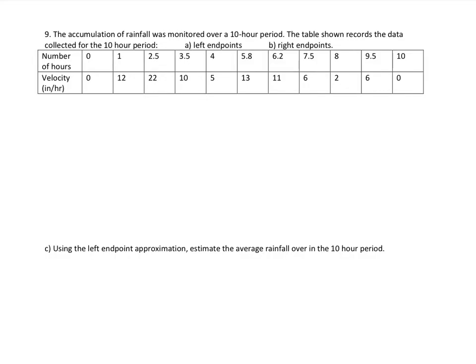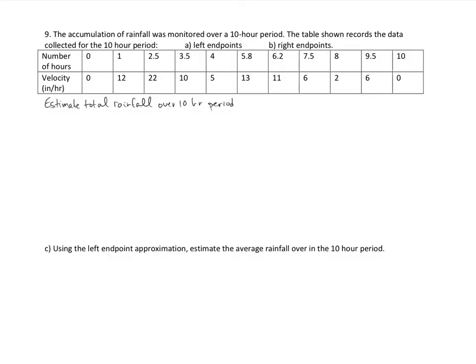So let me indicate for you what you have to do. Sorry about that, guys. So for this one, I want you to estimate the total rainfall over the 10-hour period, and you will use, for part A, left endpoints, and for part B, right endpoints.